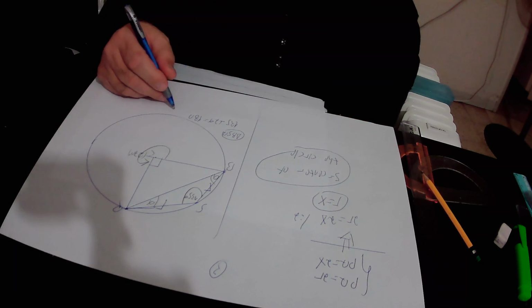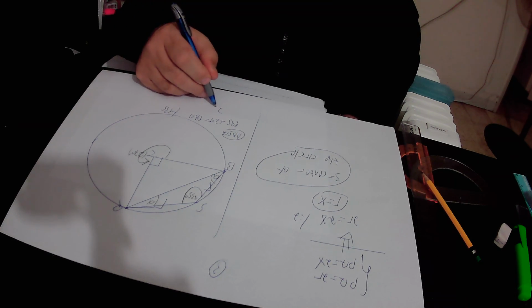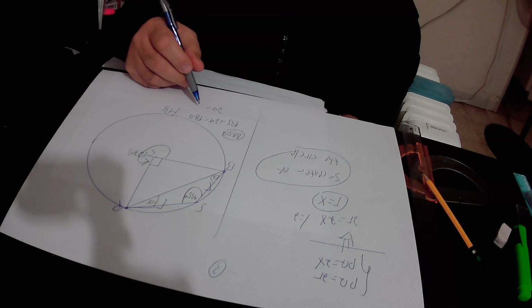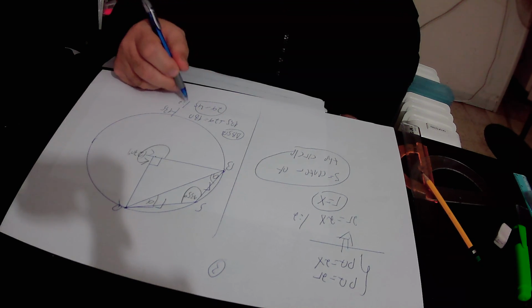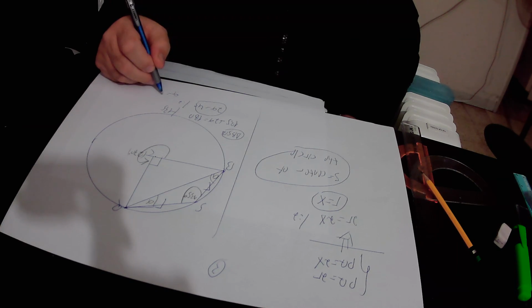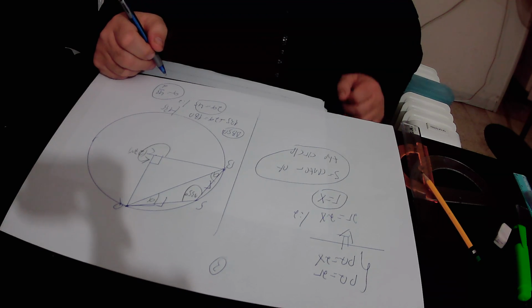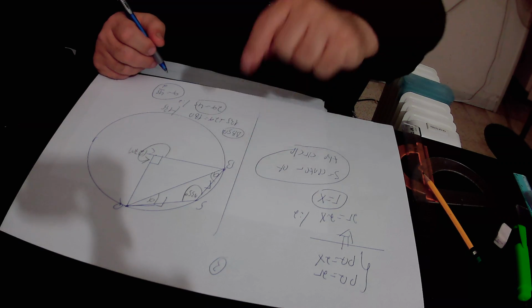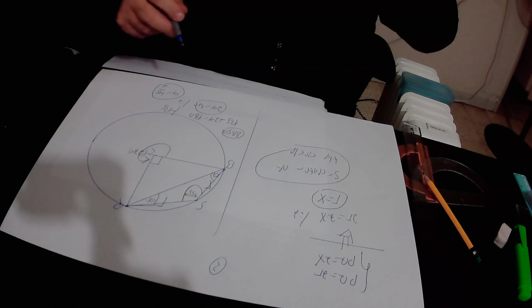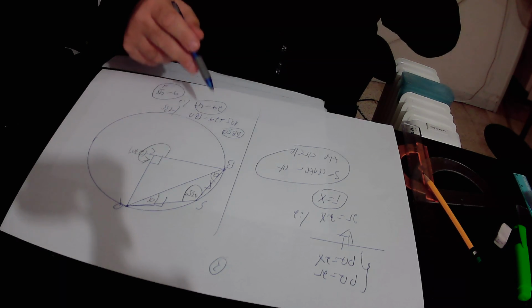So we subtract 135 degrees, and we get that 2 alpha equals 180 degrees minus 135 degrees, which is 45 degrees. We divide this equation by 2, and finally we get that alpha equals 45 over 2 degrees. So this angle alpha equals 45 over 2 degrees, and this angle alpha also equals 45 over 2 degrees.